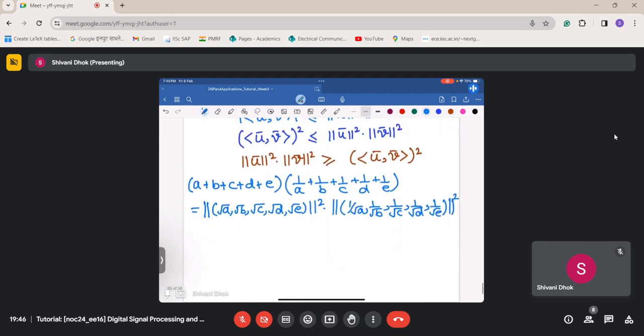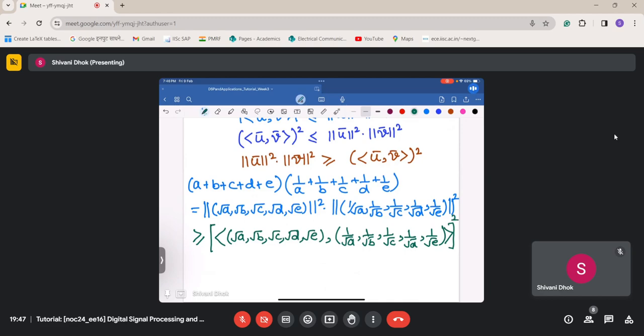Now if we apply the Cauchy-Schwarz inequality to this, this thing is greater than or equal to the inner product of root A, root B, root C, root D, root E, and the vector 1 by root A, 1 by root B, 1 by root C, 1 by root D, 1 by root E, squared.